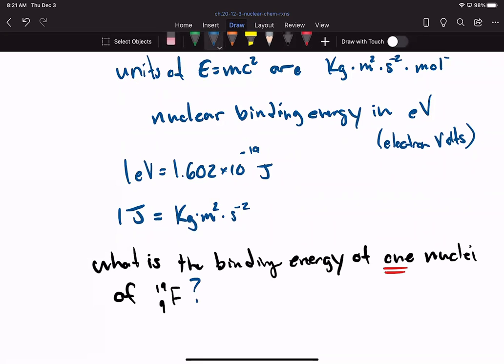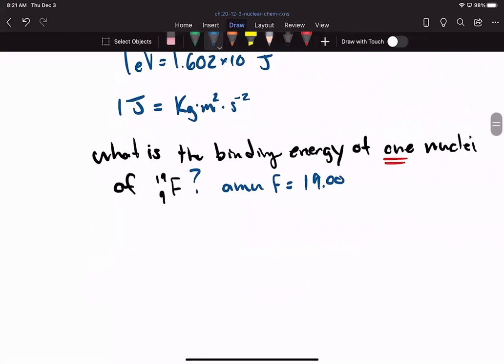I'm going to give you an AMU. We'll say the AMU of fluorine is, I'm just going to round it to 19, like 18.9998 or something. I'll just round it to 19. We'll be fine.